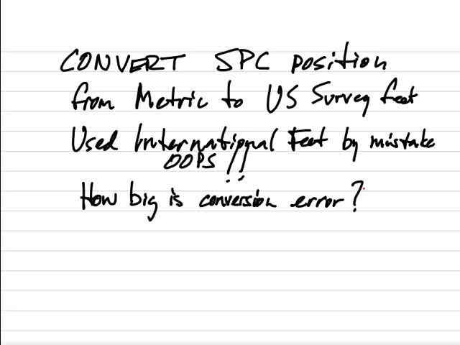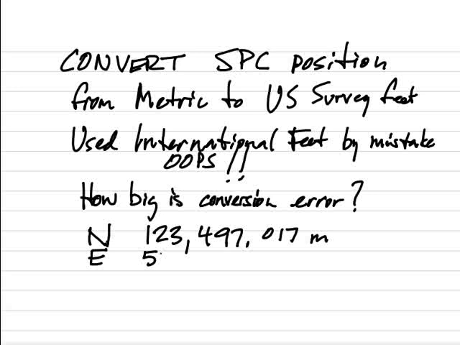Okay. Well, let's jump in then. Our state plane coordinate that we have listed here is 123,497,017 meters in the northing, and the easting is 506,228.399 meters.